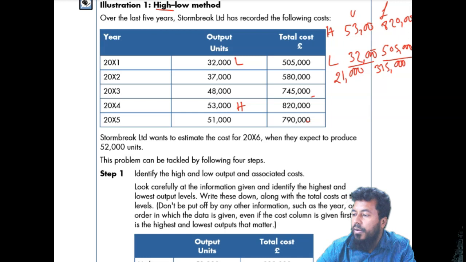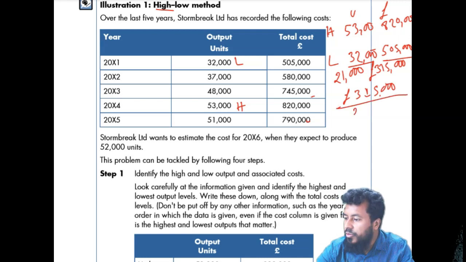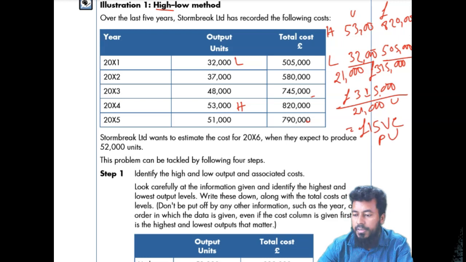What you have to do is divide the difference in money, 315,000, by the difference in units, 21,000 units. So 315 divided by 21, I get 15, which is the variable cost per unit.